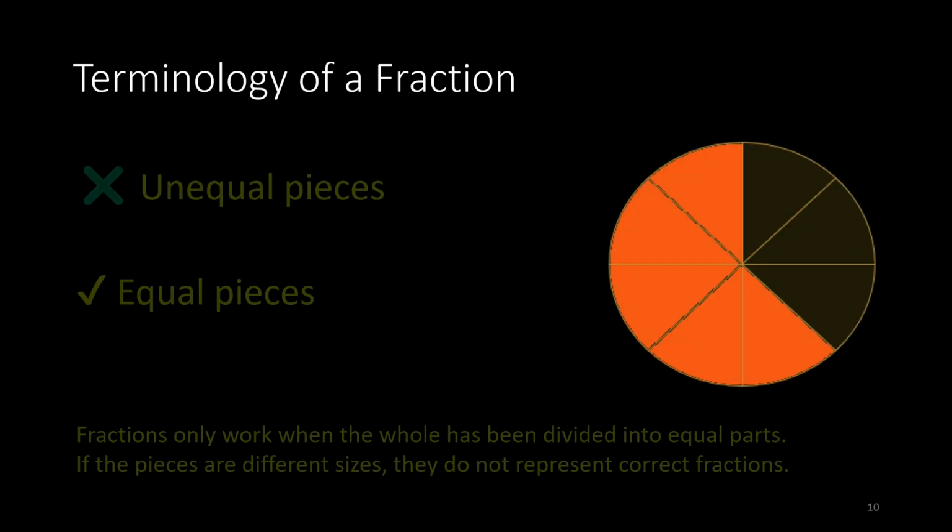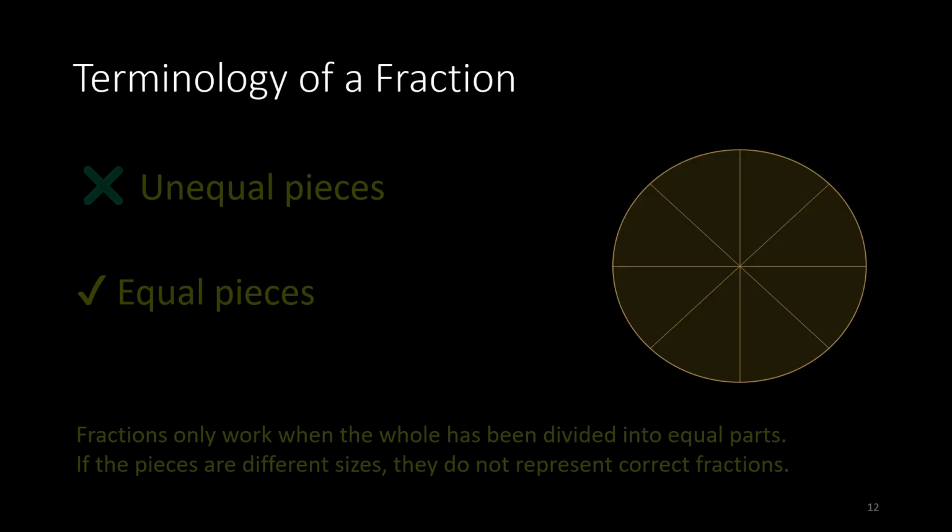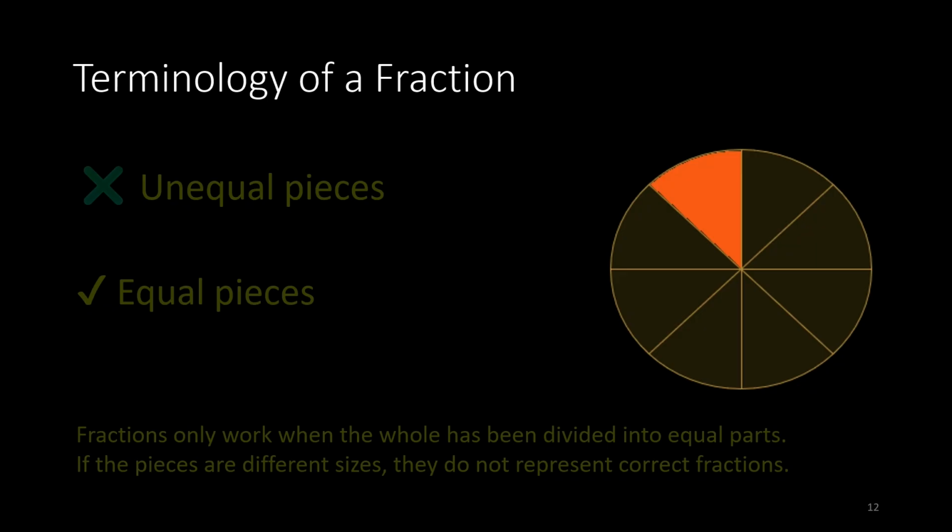Here, 3 parts are shaded one colour and 5 parts are shaded another colour. And here, 7 out of 8 are shaded one colour and 1 out of 8 are shaded another colour. And similarly here, we have 1 out of 8 shaded one colour and 7 out of 8 shaded the other colour.